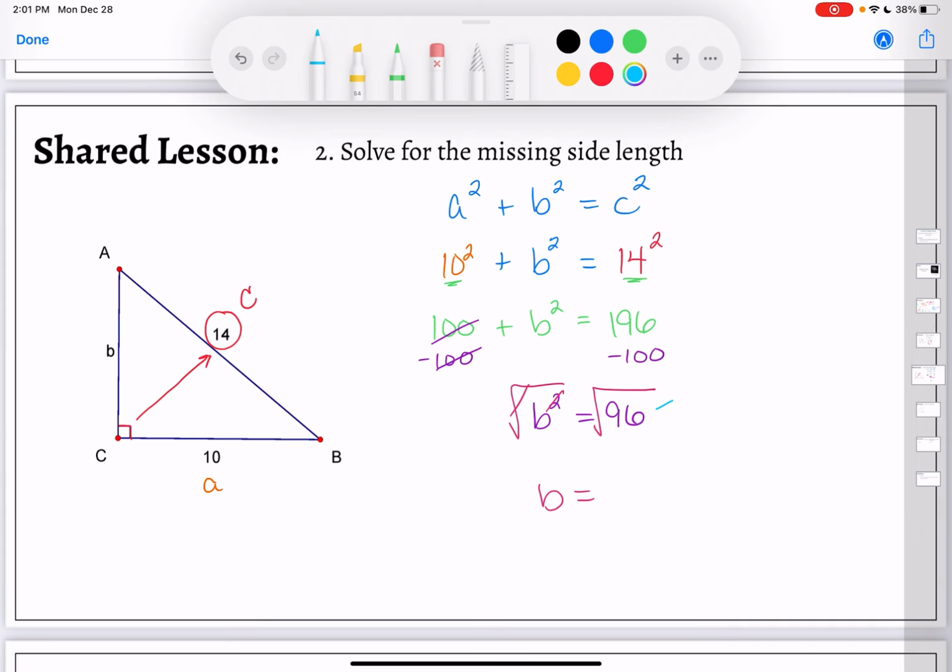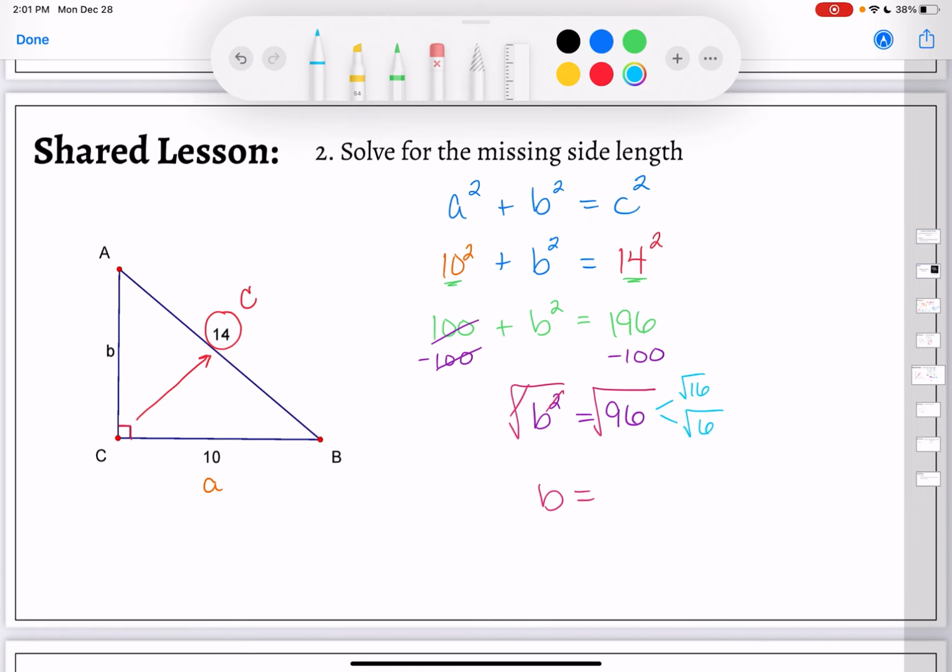Well, I know a 4 will go into it. 24. I think I could go bigger. Okay. How about 16 times... let's see, would that be 16 times 6? Yeah, there we go.